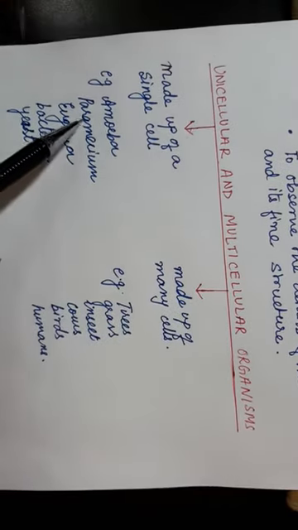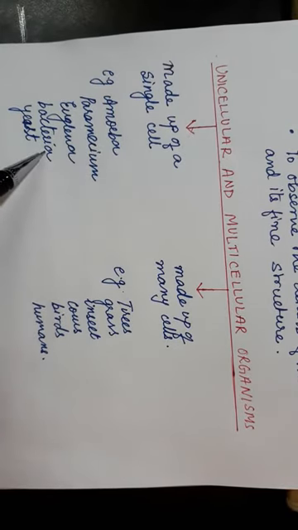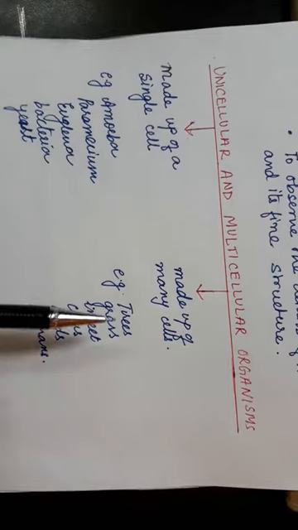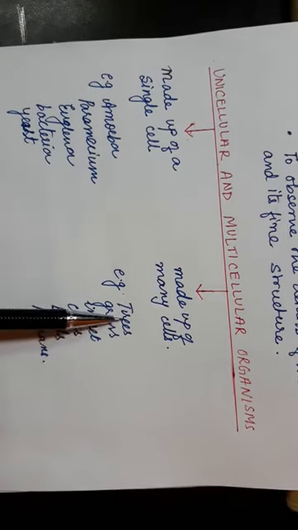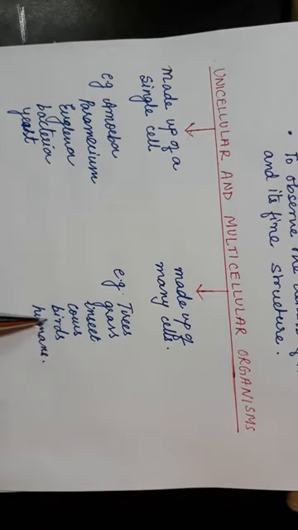Examples of unicellular: amoeba, paramecium, euglena, bacteria, yeast. And examples of multicellular organisms are trees, grass, insects, cows, birds, humans, etc.